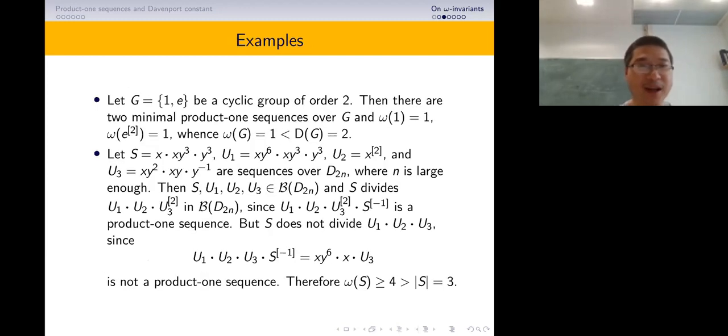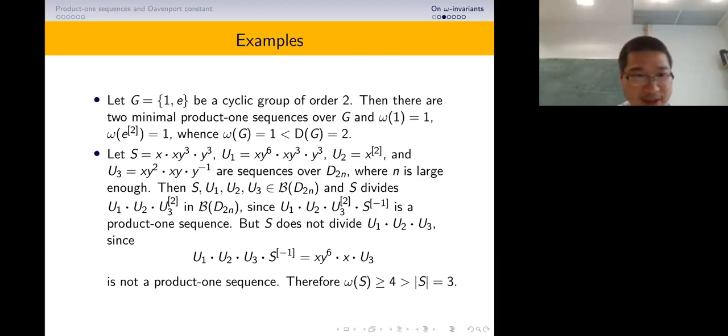We see some examples first. We let G be a cyclic group of order 2. Then there are only 2 minimal product-one sequences. The first one is just the identity element 1. Next is just e appearing twice. For both these sequences, the omega invariant equals 1. Omega of 1 equals 1, this is obvious.